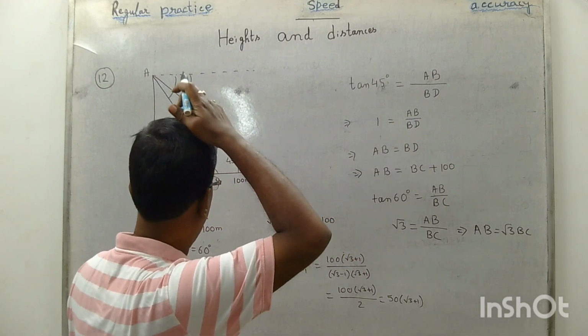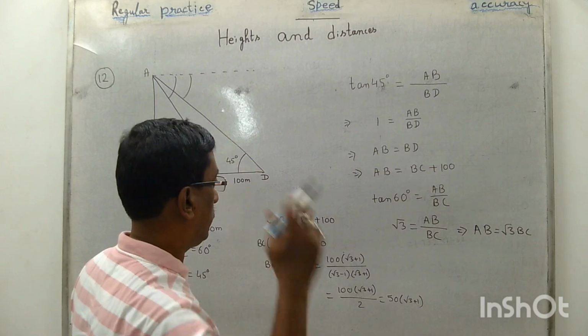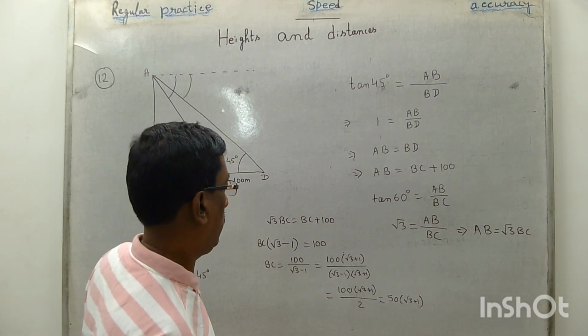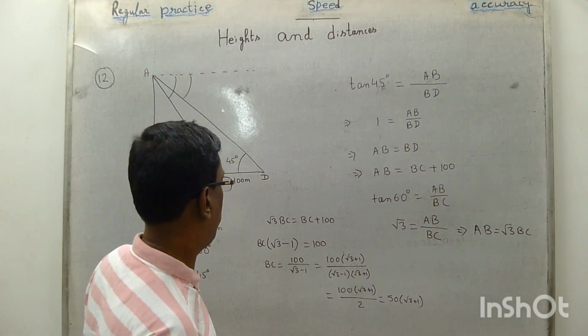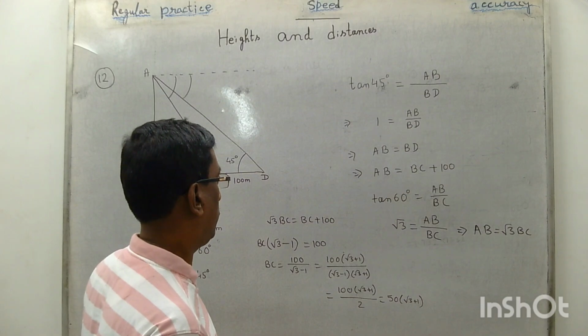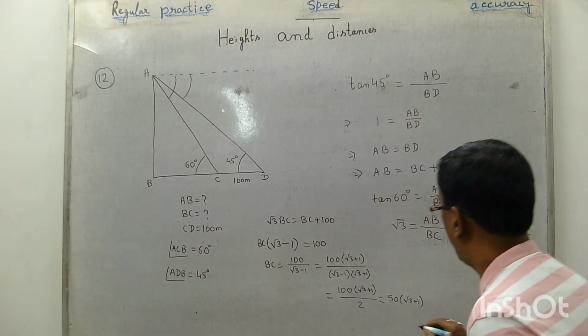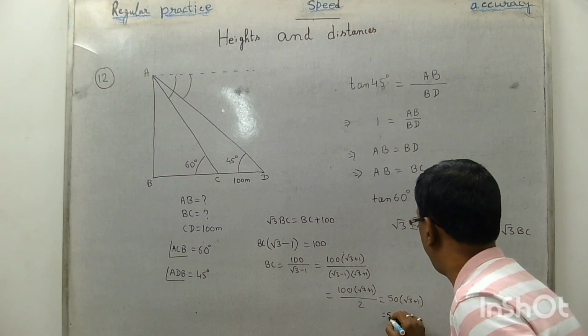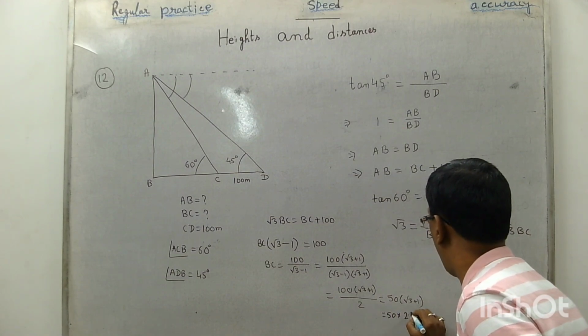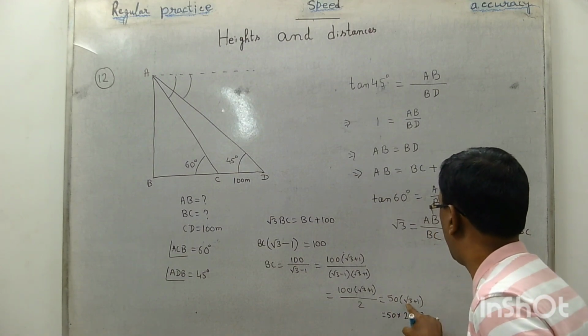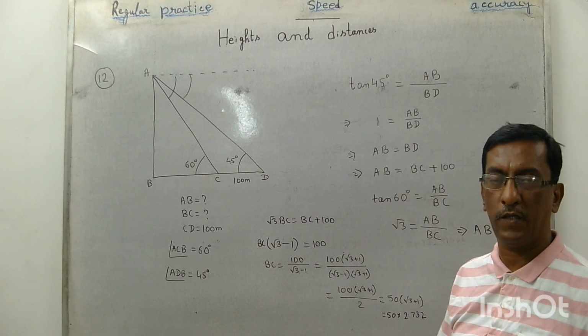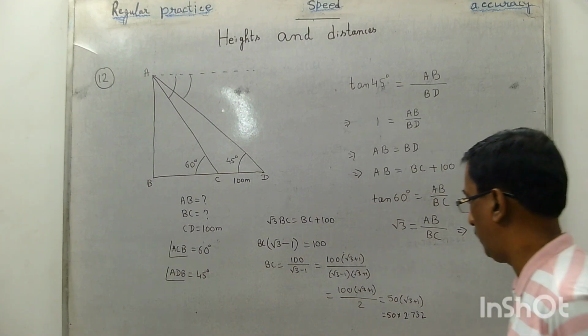This is BC. And what about AB? अब रूट 3 इसको कैलकुलेट करना पड़ेगा, 50 into 2.732, क्योंकि रूट 3 का वैल्यू होता है 1.732 प्लस 1, 2.732.